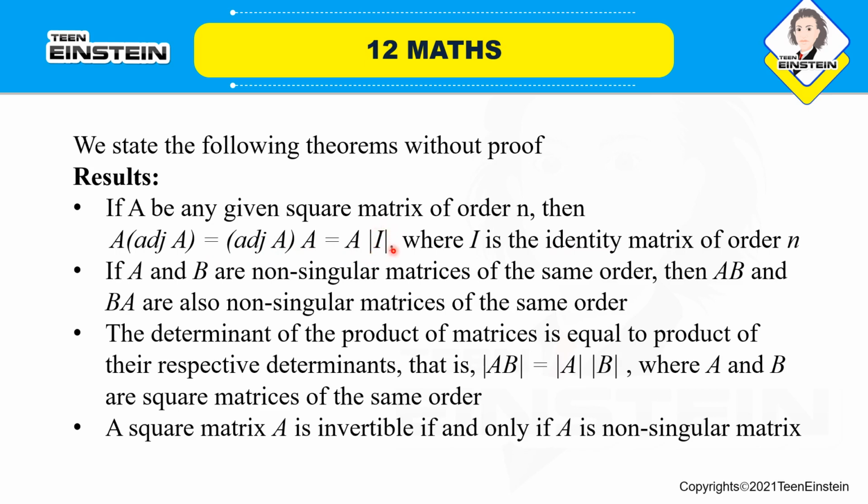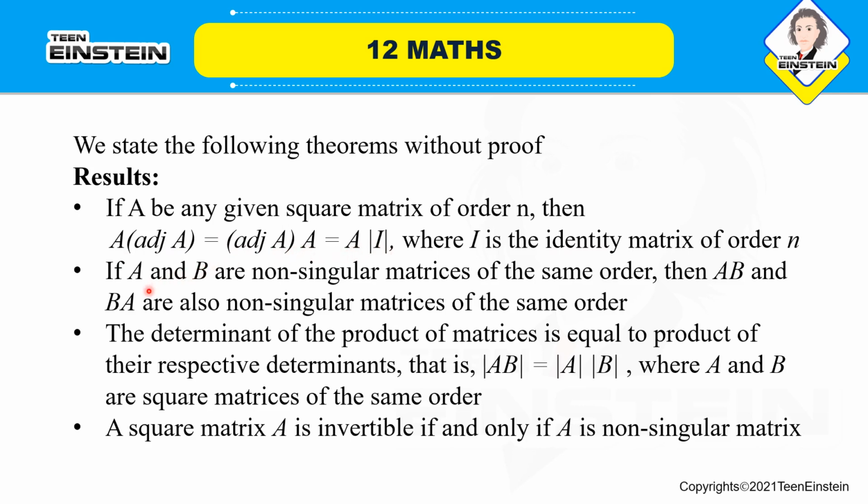I is an identity matrix of order n. So this is the first result. For a square matrix A, we have this result.